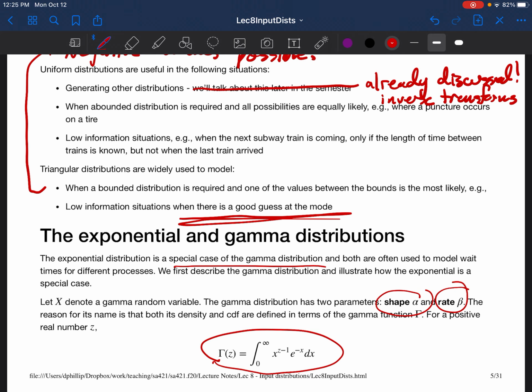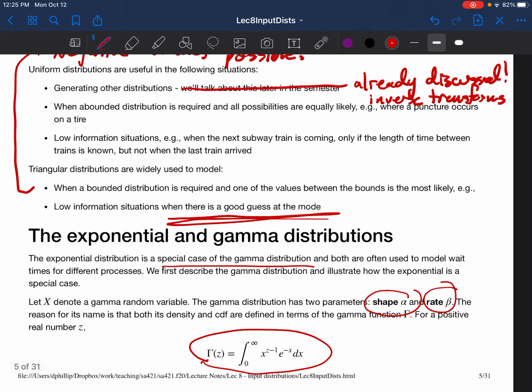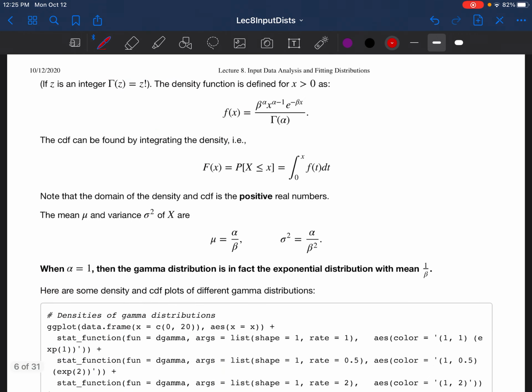So the gamma function, which is what gives it its name, is this kind of weird looking function here. Gamma of z is equal to this integral from 0 to infinity of x raised to the z minus 1 power, e to the minus x dx. Okay. If z is an integer, it turns out that the gamma function is the same thing as factorial.